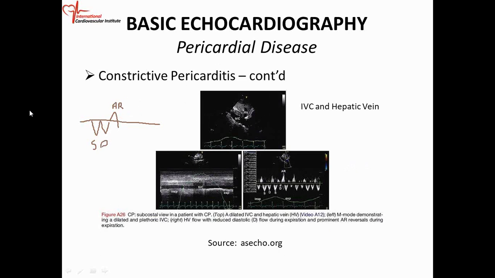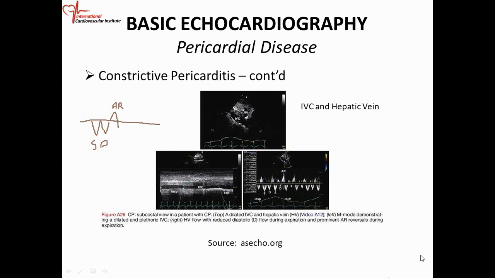Okay, so constrictive pericarditis, it comes in all exams. If you can make the assessment clinically, then you're good. But more important, you have to get it right in the exam. Okay. All right. So that's constrictive pericarditis.